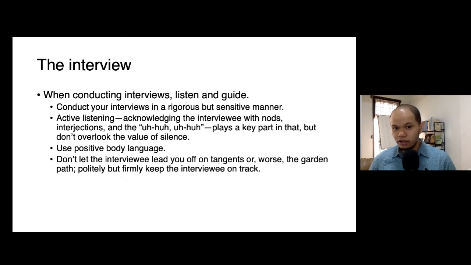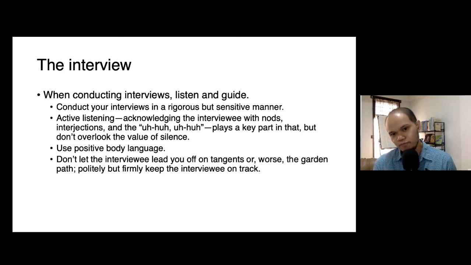Now, when conducting your interviews, listen and guide. By listening, it also means that you learn to be sensitive as well. Sometimes you don't know beforehand, but there could be questions that might be offending to them, so you have to know when to pedal back.